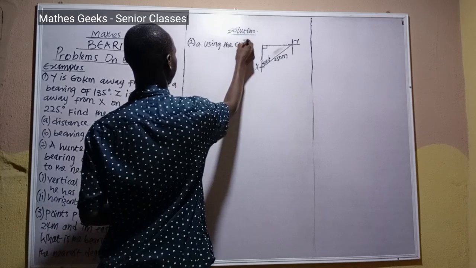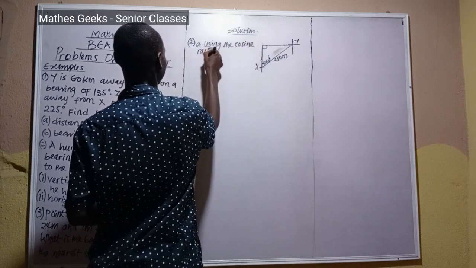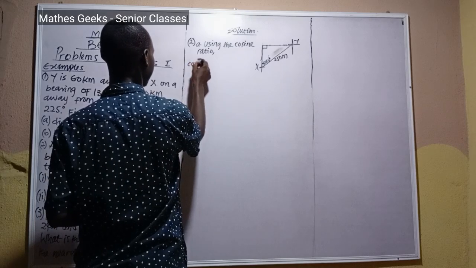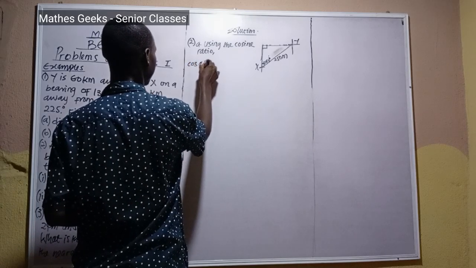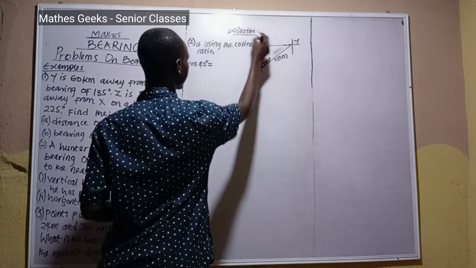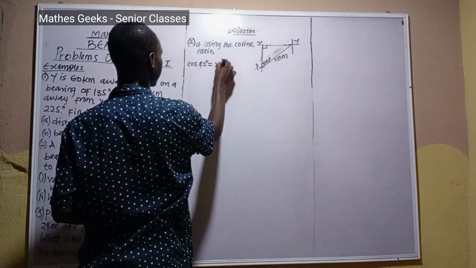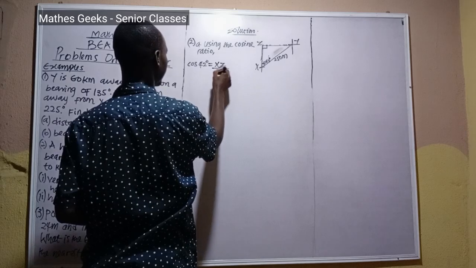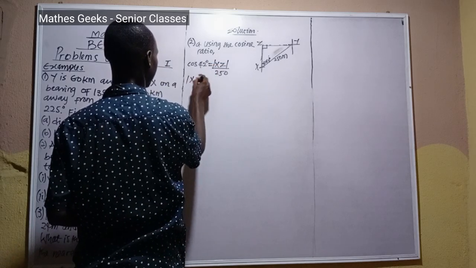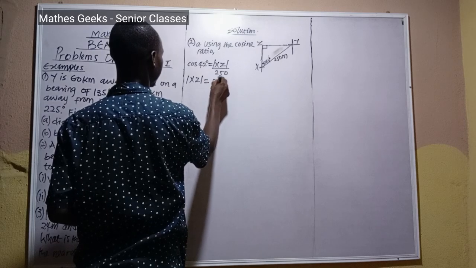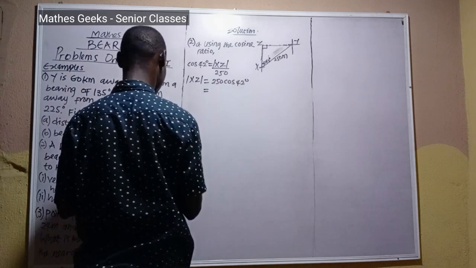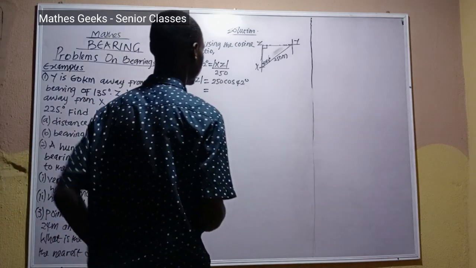Cos 42 degrees is equal to adjacent, let's call it xz, over hypotenuse, which is 250. So line xz is equal to 250 cos 42 degrees.